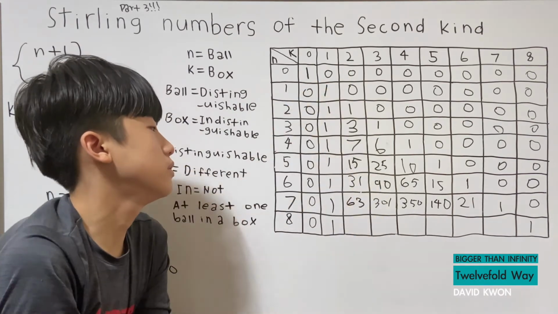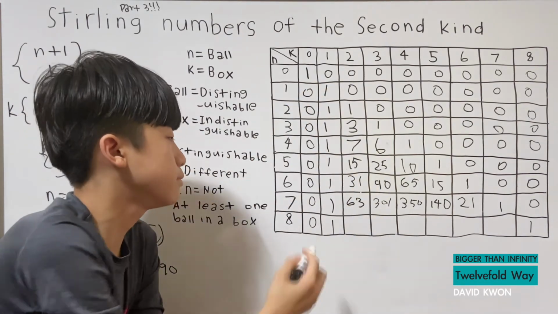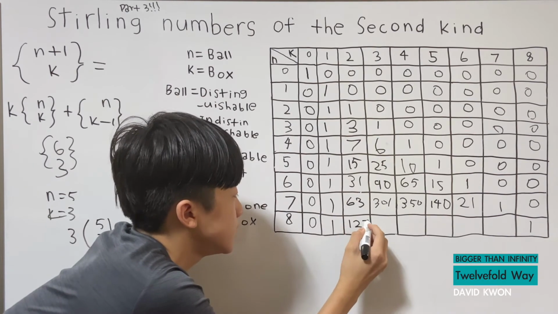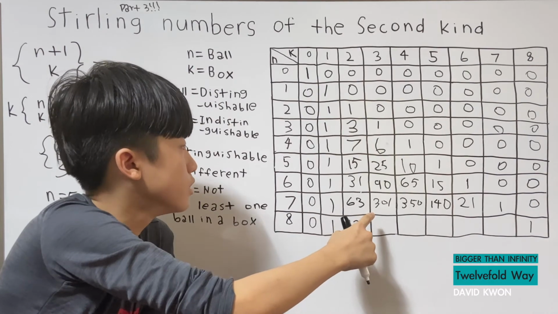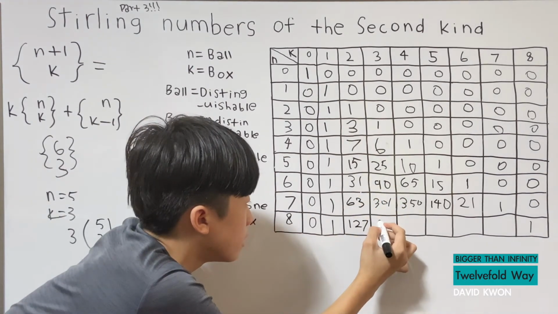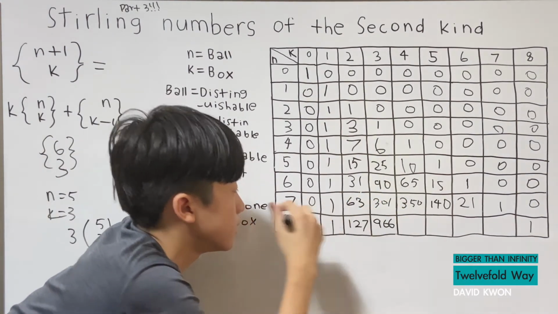And here is 63 times 2, 126 plus 1, 127. And now 3 times 301, that's 903, 966.